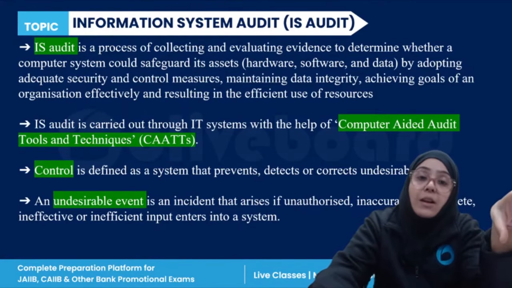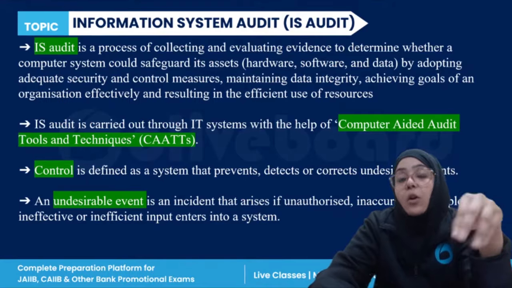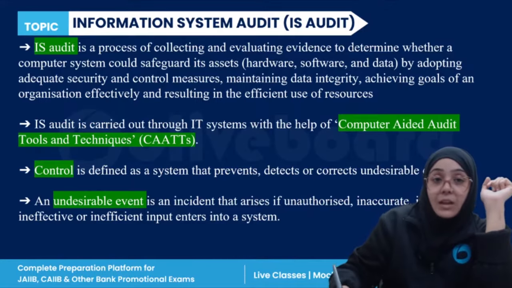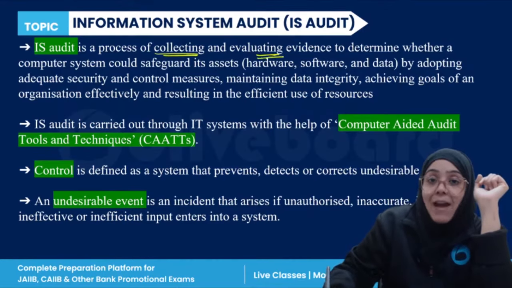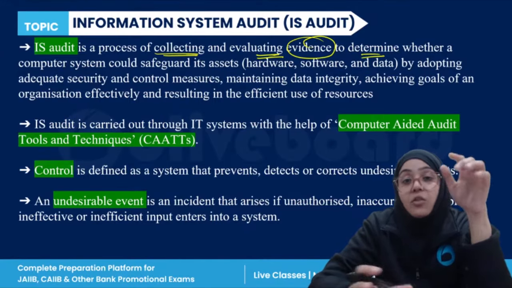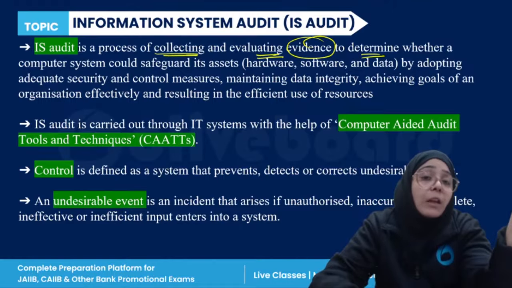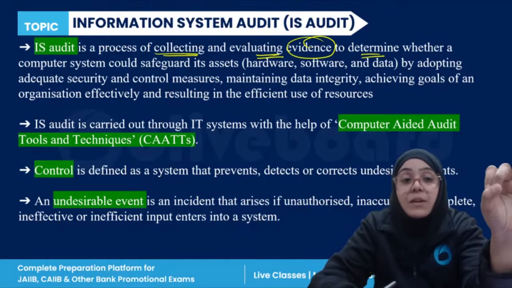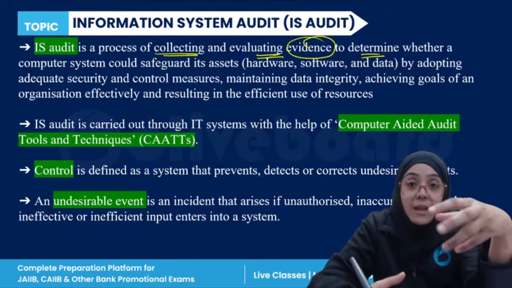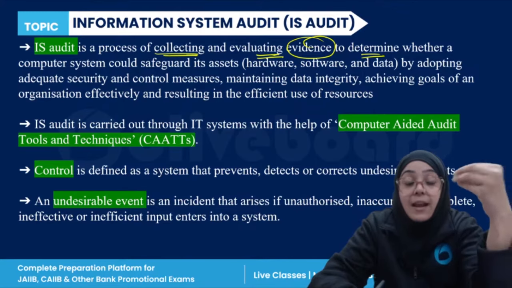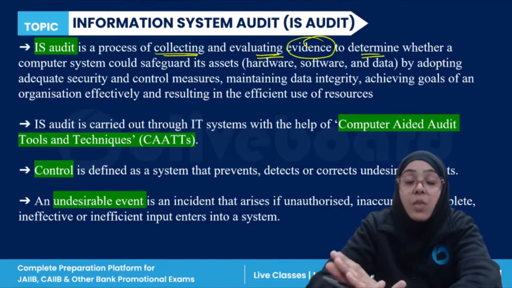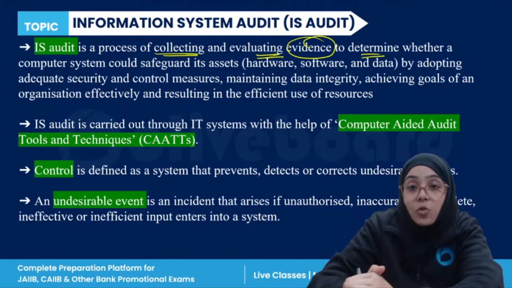Now, like the computer audit, there is information system audit also, IS audit. What is information system audit? It is a process of collecting and evaluating evidence to determine whether a computer system can safeguard its assets or not. What are the assets of the computer system? Hardware, software, and data. So IS audit is the process of collecting and evaluating evidence that determines the efficiency of the computer system, whether it is able to safeguard its assets by adopting adequate security and control measures or not.